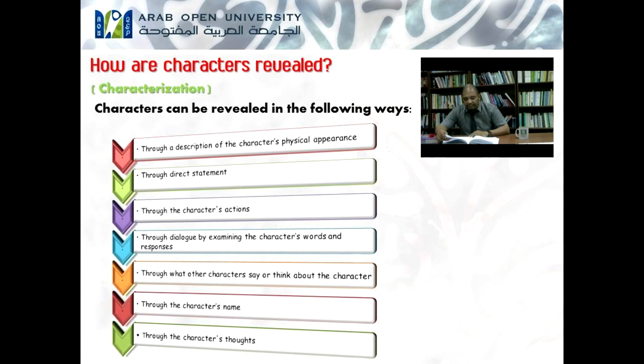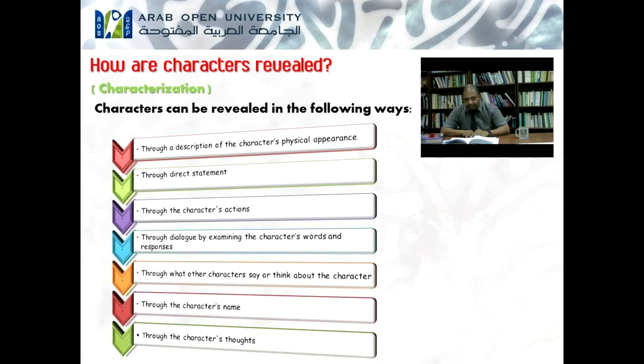They can be revealed through a description of the character's physical appearance, how he or she looks or is dressed. Characters can be revealed through direct statement. The writer tells you right away, in a very straightforward way, what kind of character to expect. Characters can be revealed through the character's actions, what the character does.